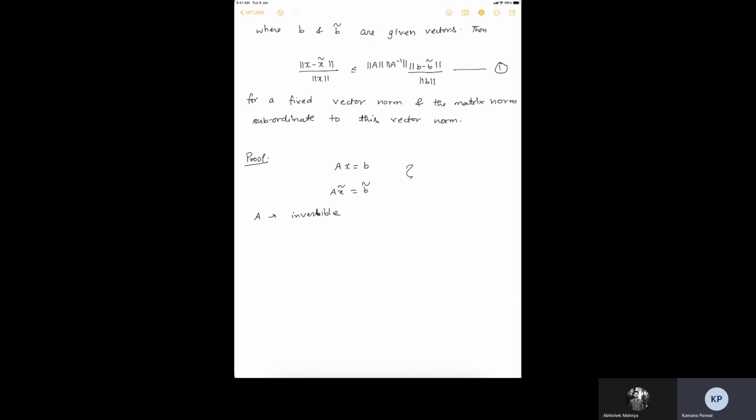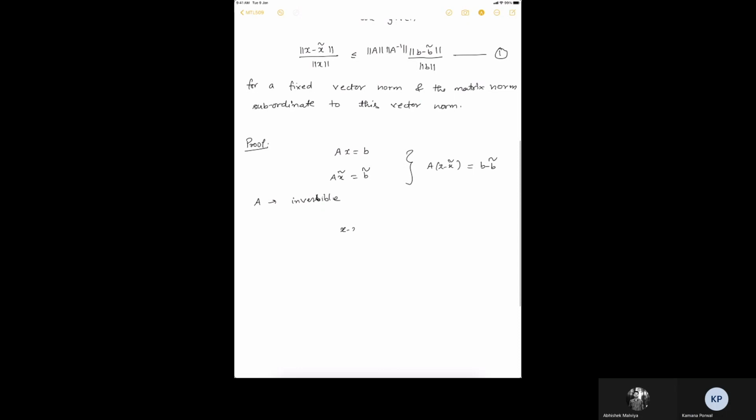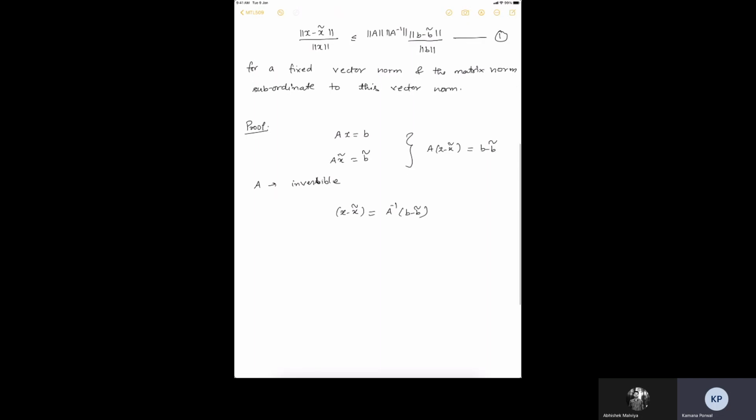So if I subtract these two equations, I will get A times x minus x tilde equal to b minus b tilde. And since A is invertible, I can get x minus x tilde.